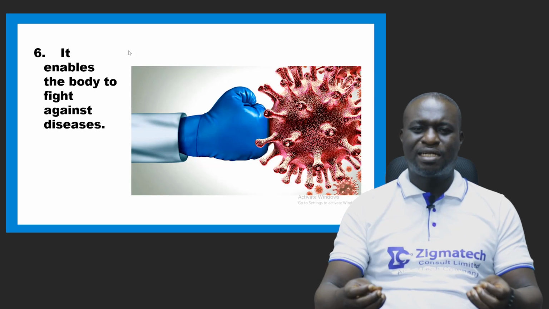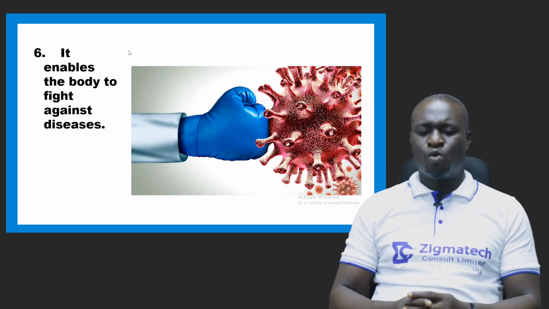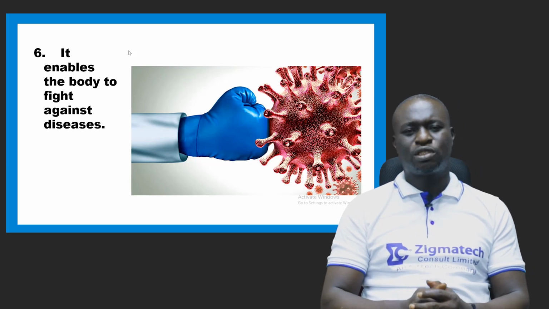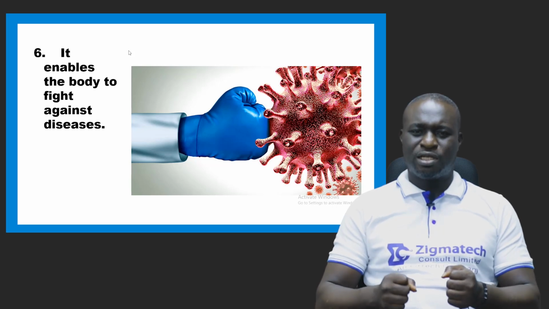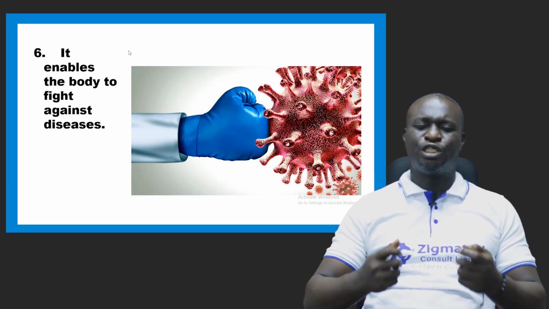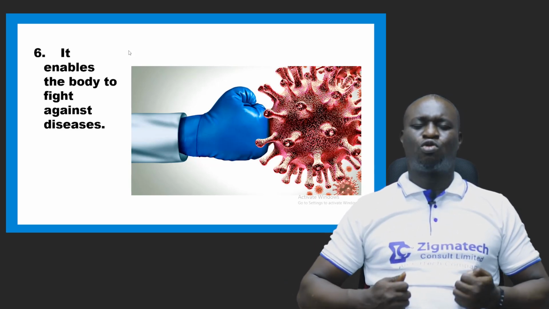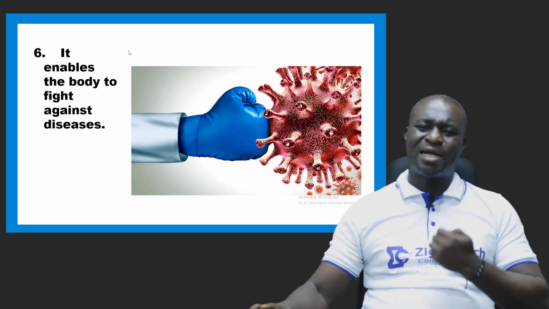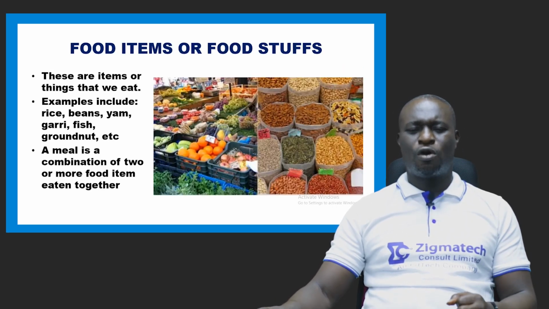So once the cells are not getting enough food, remember the first point we gave, we said one of the major importance of food is that it gives us energy. So when the cells don't feed, they don't have enough energy to carry out their activities. Now, the white blood cells won't have enough energy to fight against diseases or harmful microorganisms.